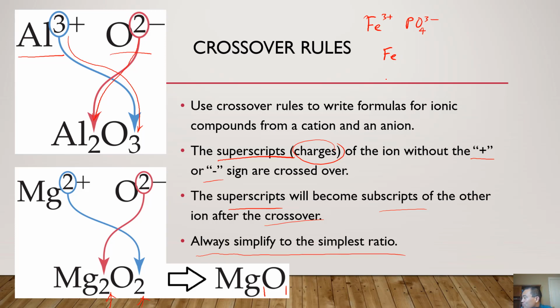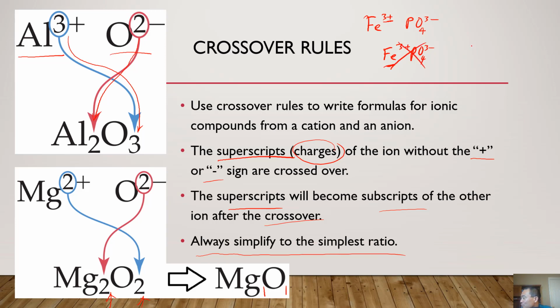Hey folks, remember, never put that 3+ in this formula. Never put the charges in the compound formula. That's simply wrong, because a compound does not carry charge. That's why you don't want to put the charge inside the formula. So you don't write it that way.